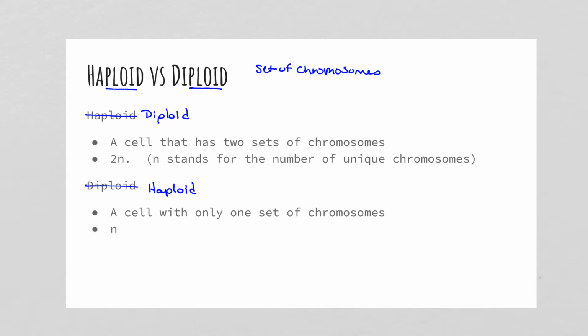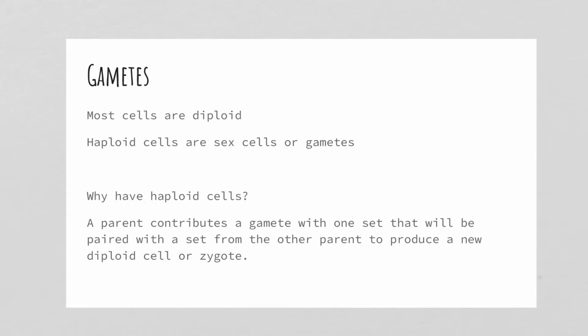Some organisms can be, like I said, plants can be 4N, which is a tetraploid. In some cells in humans, we do have some sets of cells that have only one set of chromosomes. Those are haploid, and we usually represent those with N. So that's just some brief terminology that you might see throughout these conversations. Like I said, there are some cells in humans that have one set of chromosomes.